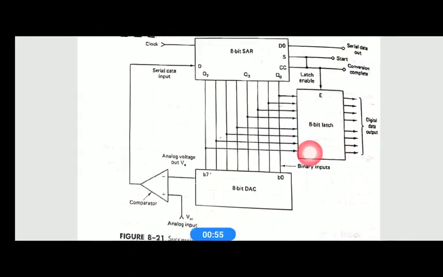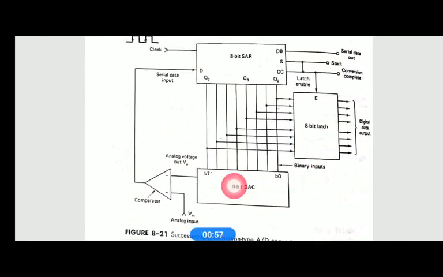You can see here, right? The analog input, which is to be converted into digital, we need to apply here, which is one of the inputs to the comparator. The converted digital output we get at the output of the latch.